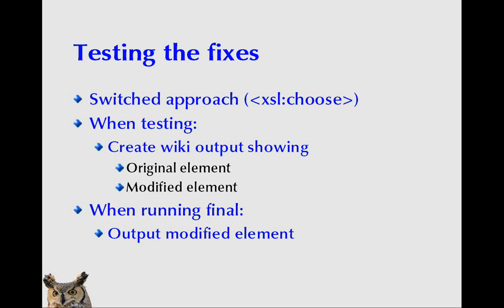The choose said, if you're testing the data, then don't yet really run the transform, but create a wiki table on output showing both the original element and the element as it would be if you'd run the transform. This code that produced the modified element, we could then reuse in the final run to process everything.